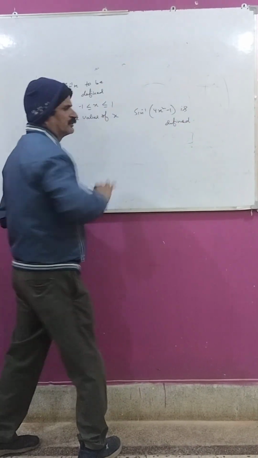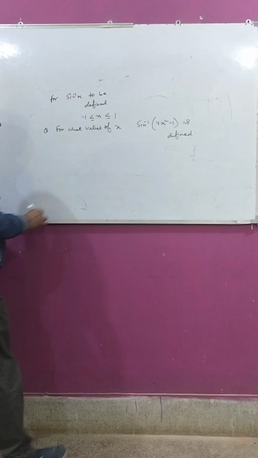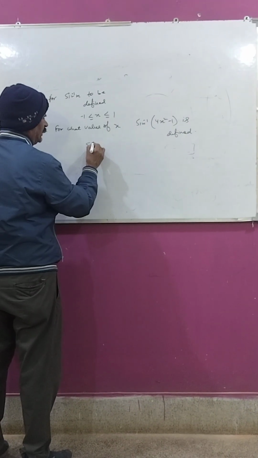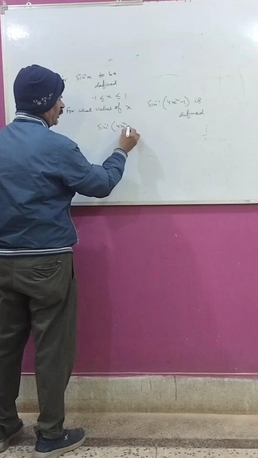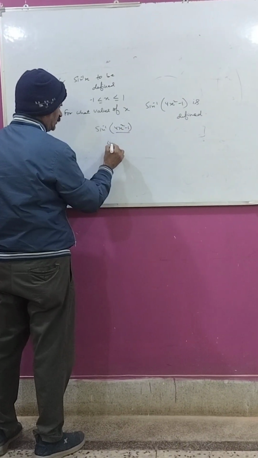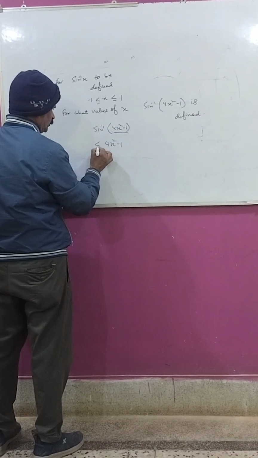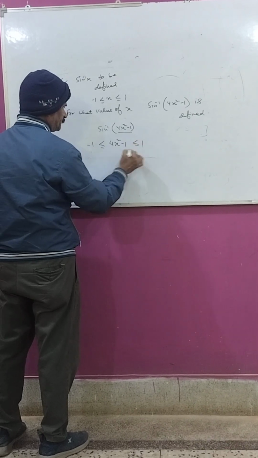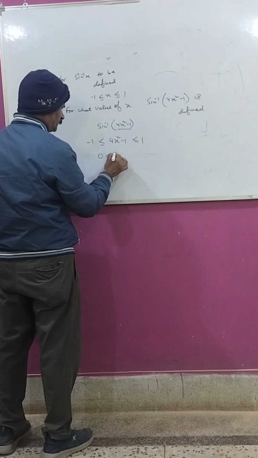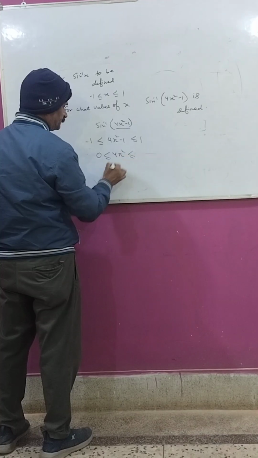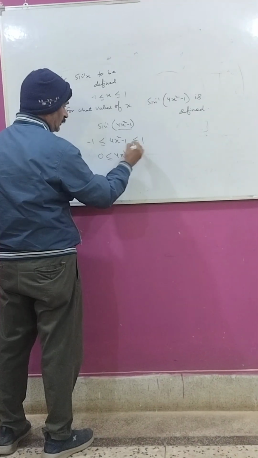It's a very basic question. Now we know to define sin inverse of (4x squared minus 1), this 4x squared minus 1 should be between -1 and +1. So this is 0 ≤ 4x squared ≤ 2.